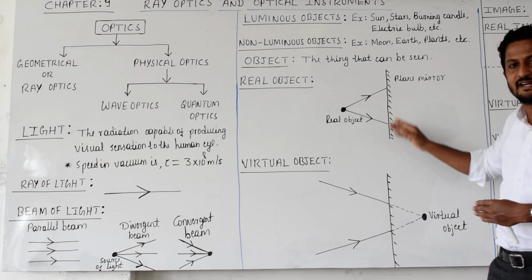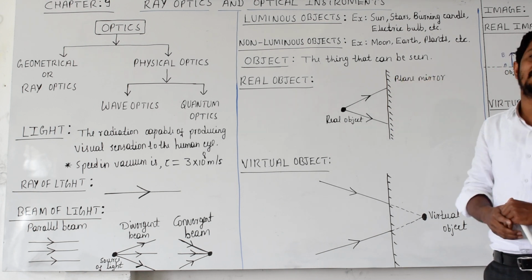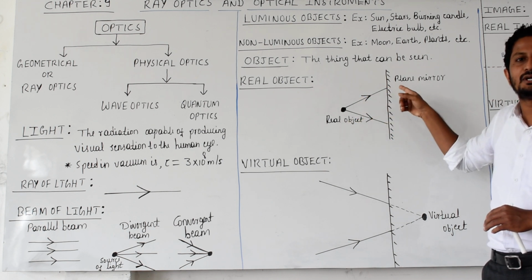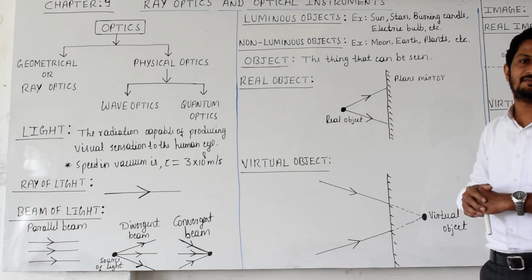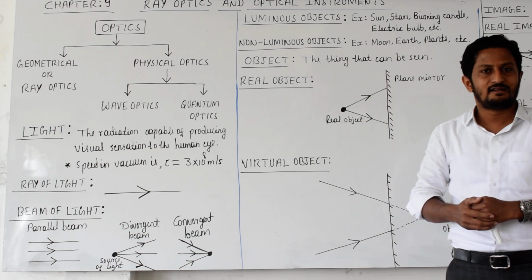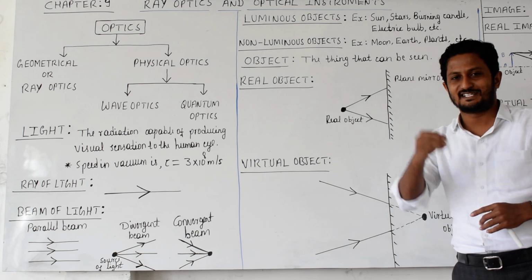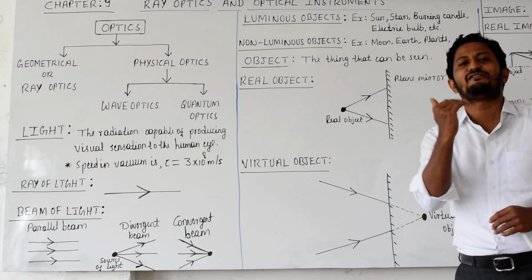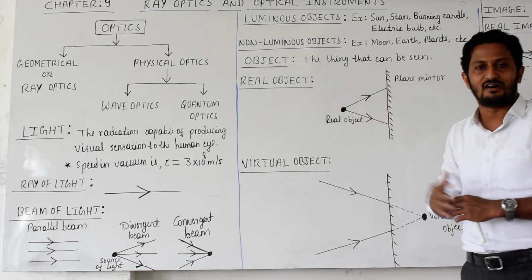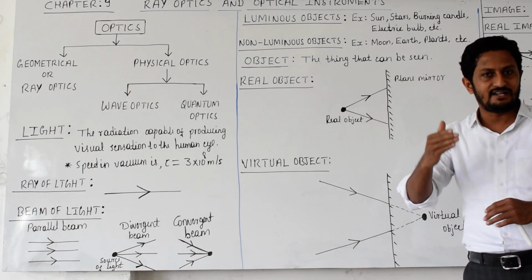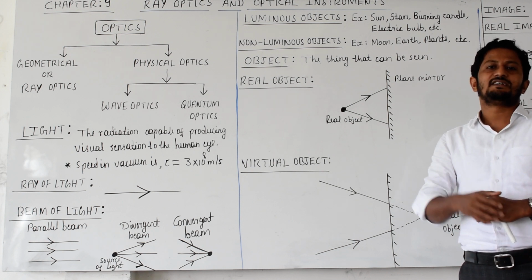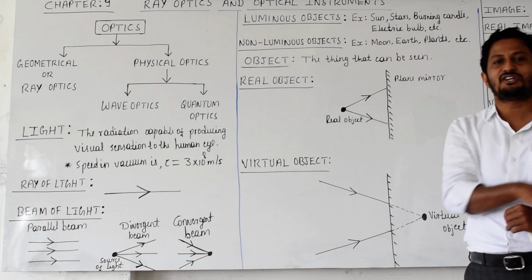These marks indicate the back side is painted. Meaning, light rays are unable to pass through it. They fall on it and bounce back. This phenomenon we call reflection of light. The bouncing back of a light ray when it is incident on any reflecting surface is called reflection of light.